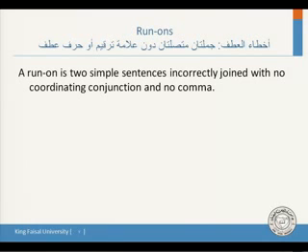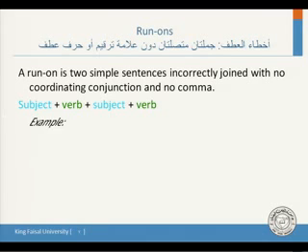A comma and a coordinating conjunction. Now, look at this example. Subject, verb, subject, verb. Is this correct? This is not correct. What do we need here? We need a coordinating conjunction. And, or, but, so. What else do we need? We need a comma before that.